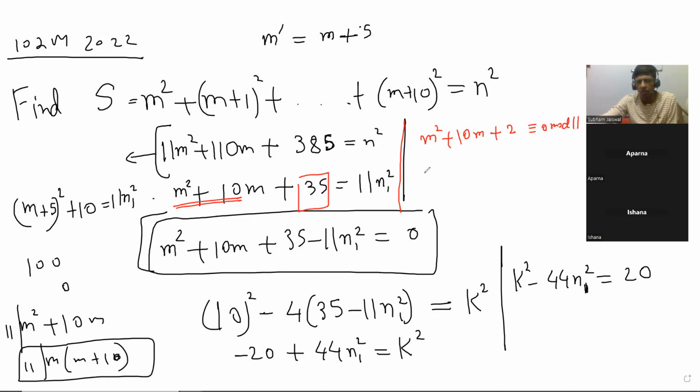And then this one, (m plus 5) square is congruent to 1 mod 11, right?